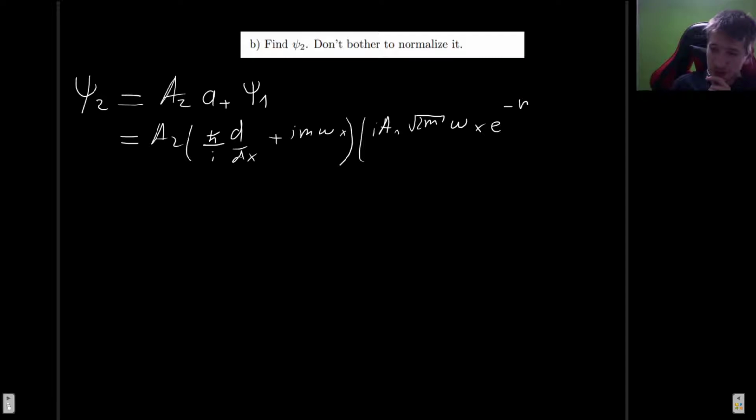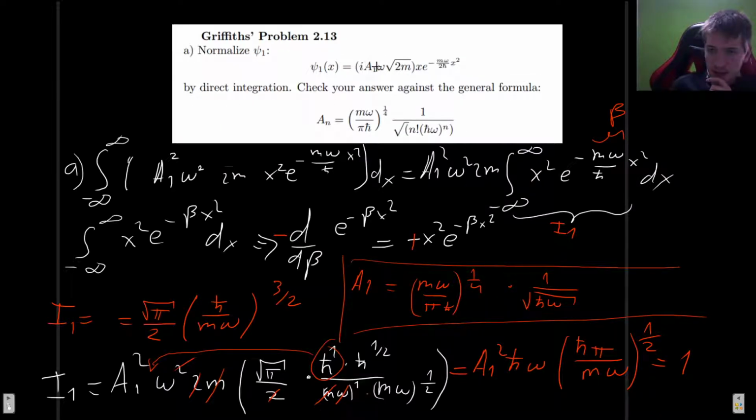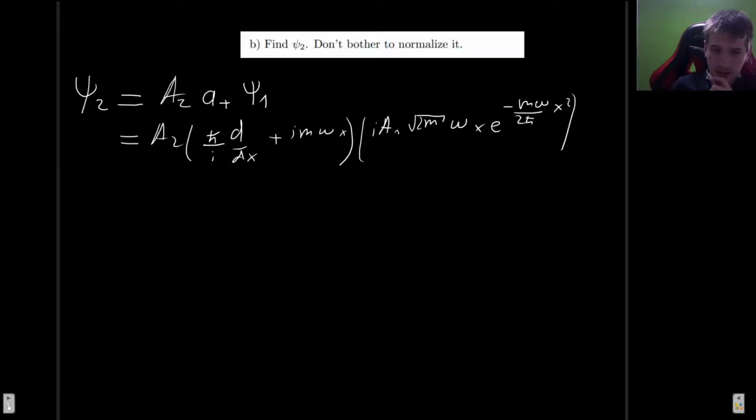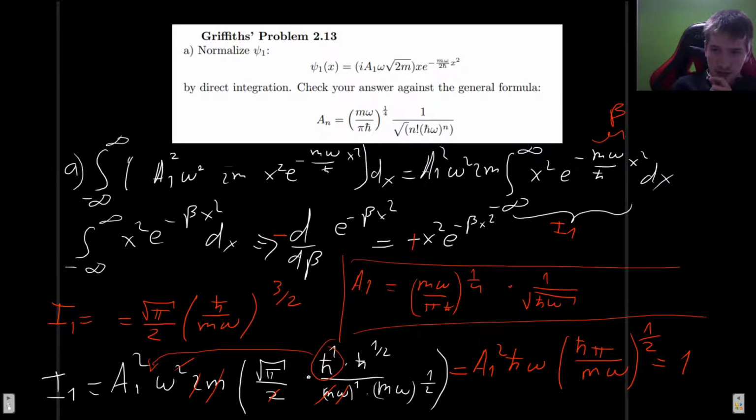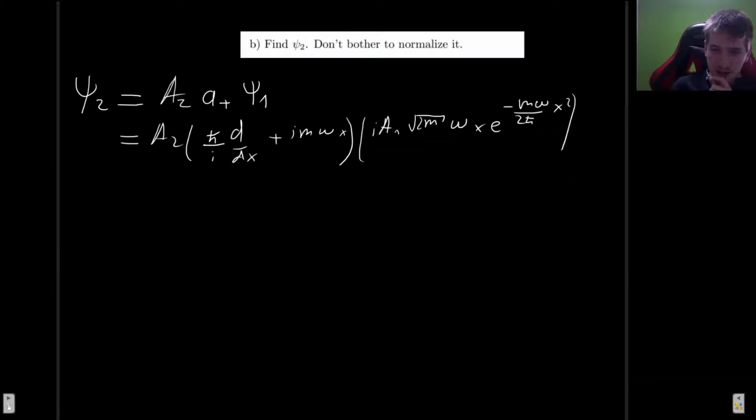I'm really pushing it here. I hope I'm remembering this right. I'm going to double check anyways. Let's see. i a1 square root of 2m. Did I put the omega in there? I think I did. Yeah. Okay, i a1 omega 2mx. Okay, I think I got it.